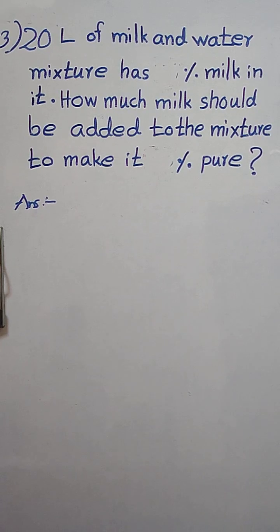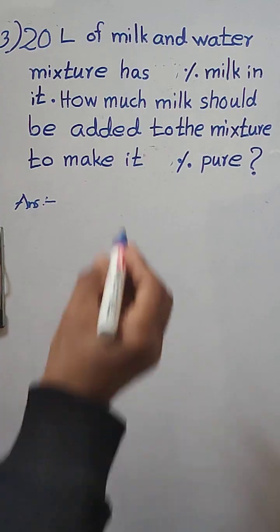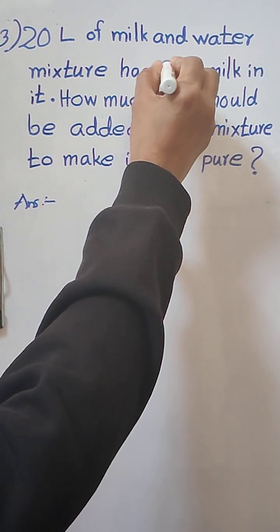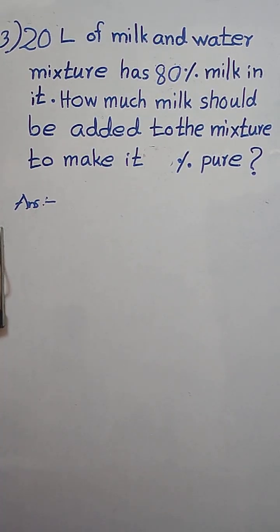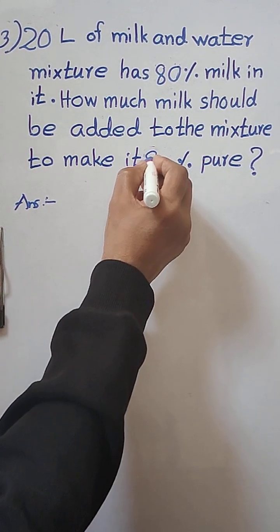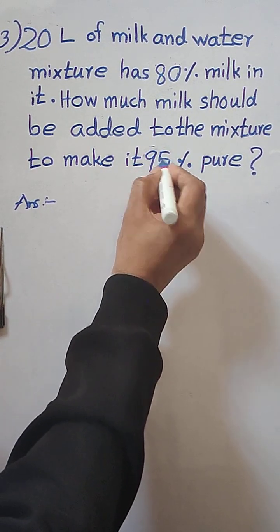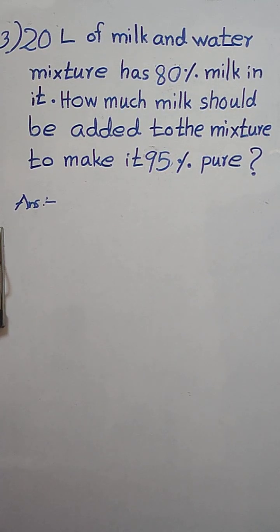20 liter of milk and water mixture has 80% milk in it. How much milk should be added to the mixture to make it 95% pure? Okay, how can we do this in one step?